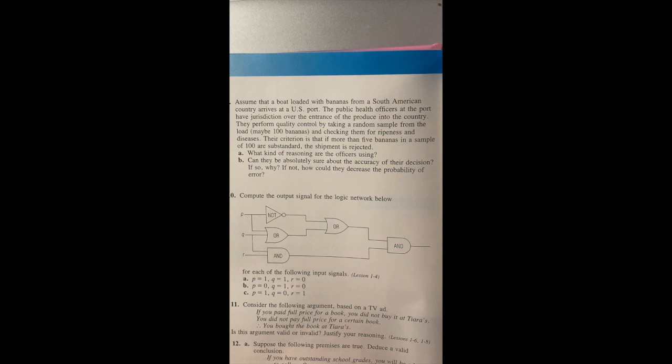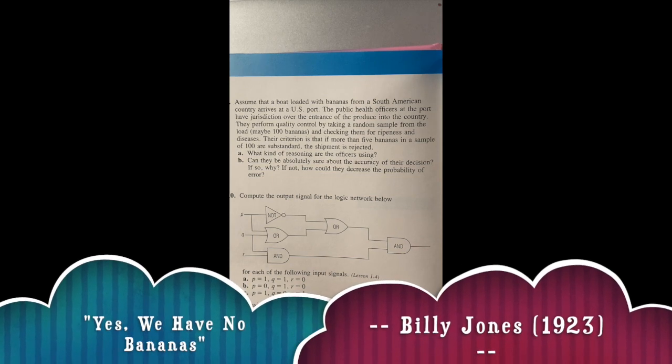Although, once again, the thing that is missing here is a question of what is it that they are trying to prevent by not letting the bananas in, checking for ripeness and diseases. It's not a question I would give you. We have no bananas today.